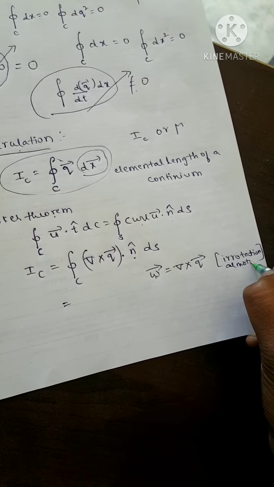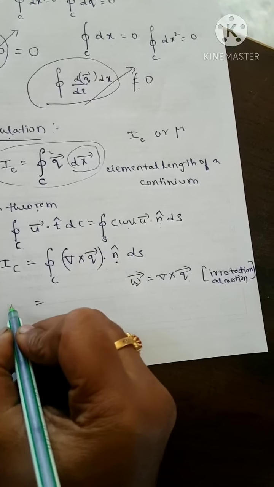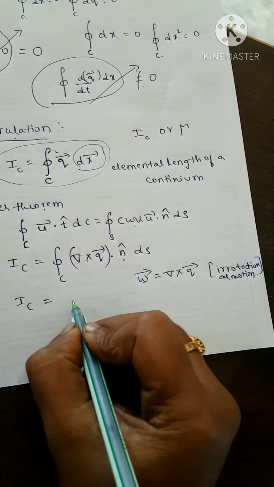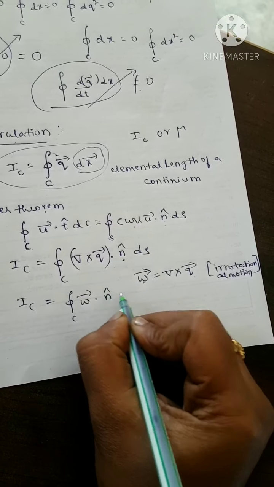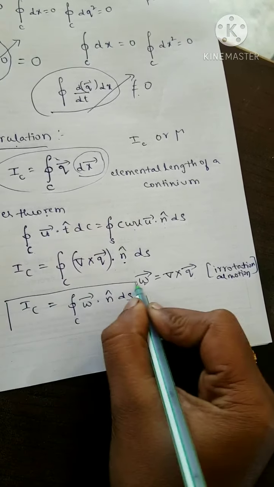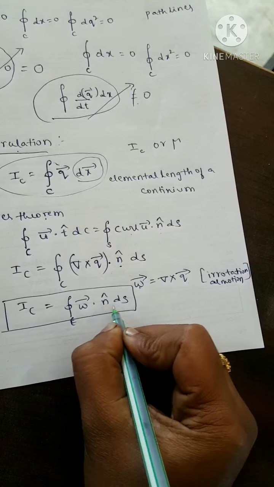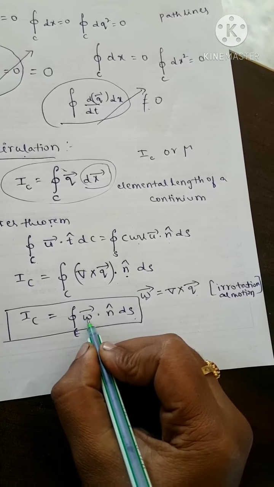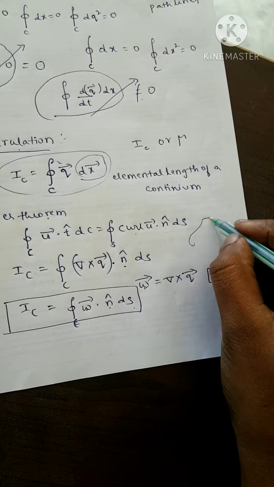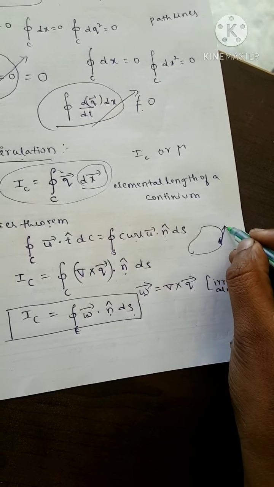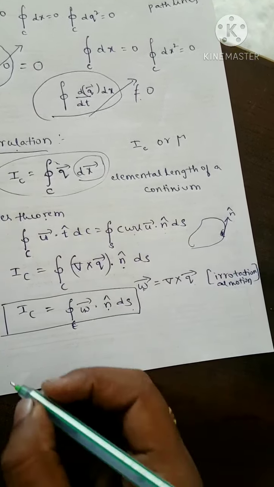So I can replace curl q with the vorticity vector omega. I can write the definition of circulation as the integral of the vorticity vector omega dot n cap into ds, where omega is the vorticity and n cap is the unit vector normal to the surface, something like this. This will be the n cap.